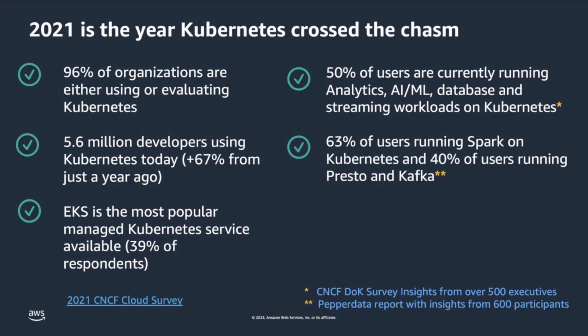Alongside this trend, let's take a look at something we've seen in terms of the rise in Kubernetes since 2021. This is when I consider Kubernetes to have crossed the chasm into mainstream adoption, where, according to the 2021 survey, 96% of organizations are using or evaluating Kubernetes, and 5.6 million developers are using it, which is a jump of 67% from the year preceding it.